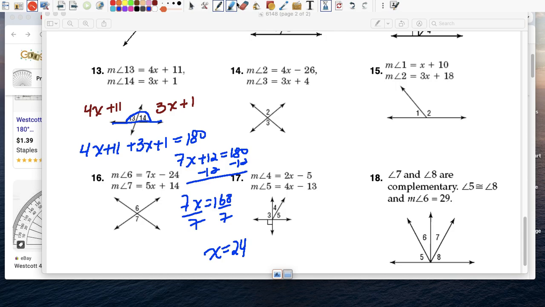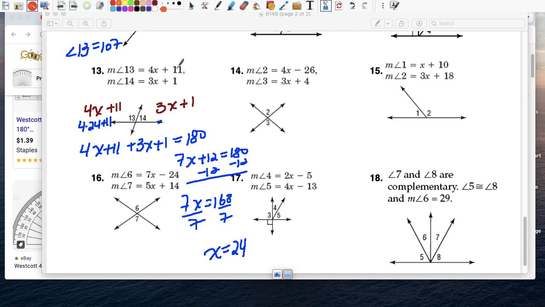So now let me go back here. They said that angle 13 is 4x plus 11. So let me replace the x with 24. So it's 4 times 24 plus 11, and if you do that, you get 107. So angle 13 equals 107.